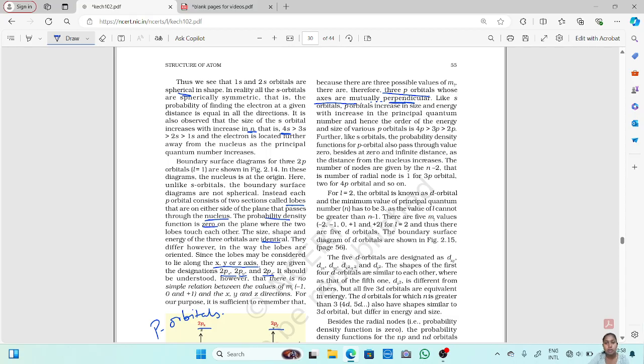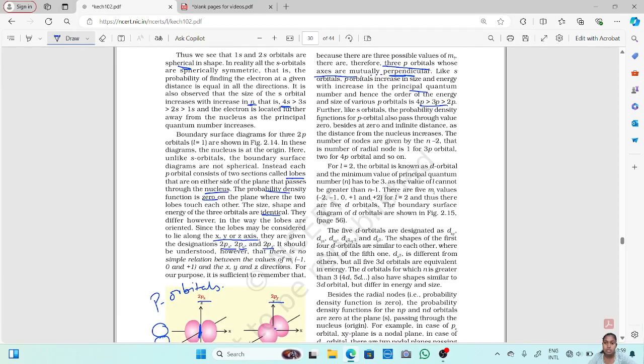Like s orbitals, p orbitals increase in size and energy with an increase in the principal quantum number. Further, like s orbitals, the probability density function for p orbitals also passes through the value 0.